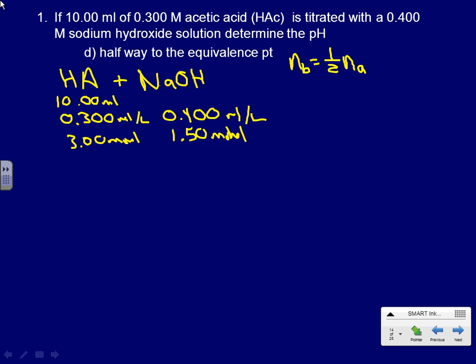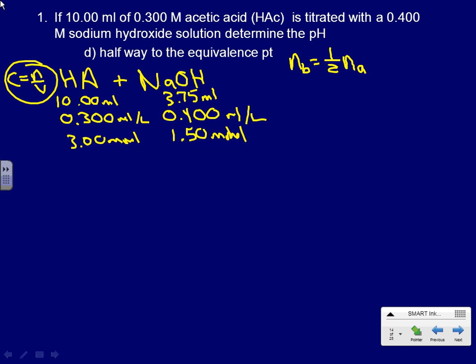And if again I use my C equals n over V and I rearrange, I can get the volume, and that volume at halfway is 3.75 milliliters.